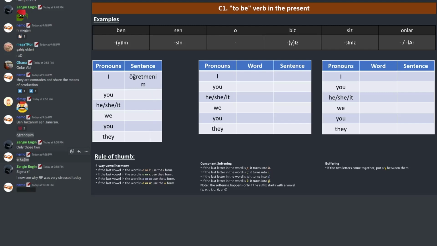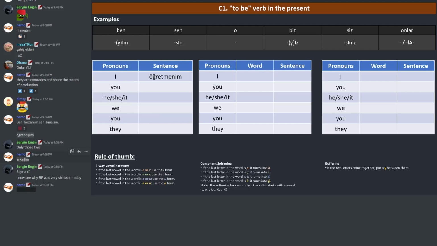Let's have more room. And you, "sen." I want to say you are a teacher. So my ending for "sen" is "sın," but of course it could be sin, sın, sun, sün. Which one do I have to choose? Again, e is the last vowel in "öğretmen." "Öğretmensin." I have to use e after e.